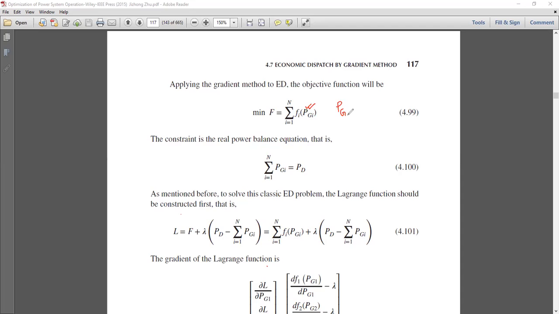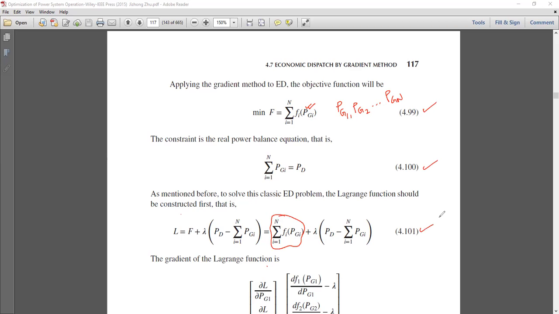So one set of unknowns is of course PG1, PG2 up to PGn. Because once we know the real power generation from each of the generating units, we are partially done. Why? Because in that case, we can calculate this. Any more unknowns?